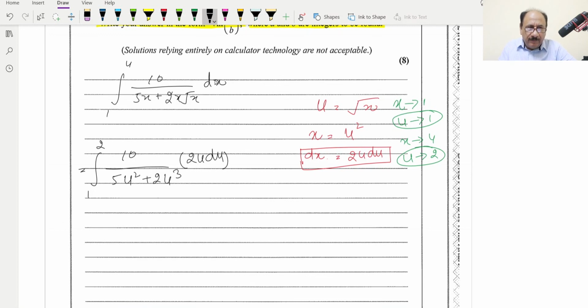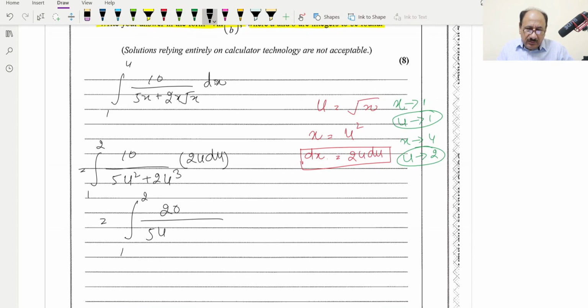Now we can multiply this 2 with 10, integral 1 to 2, so this will be 20 over 5u squared plus 2u cubed.